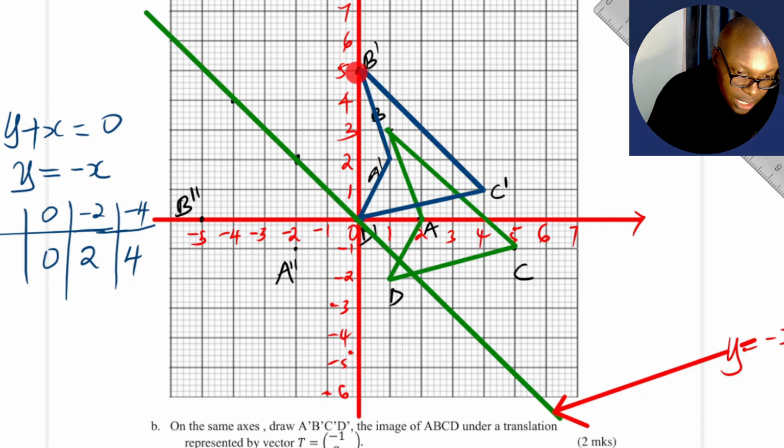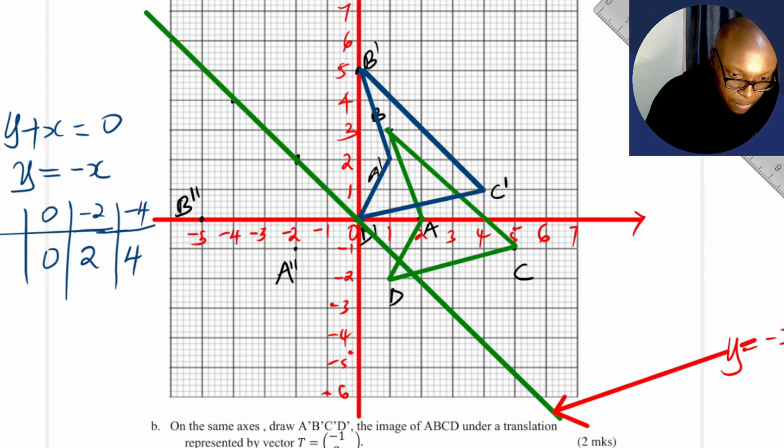You can see that under this reflection, the object point and the image point are equidistant from the mirror line, which is the line y = -x, and they are also on opposite sides. So the distance from B1 to the mirror line is equal to the distance from the mirror line to B2.